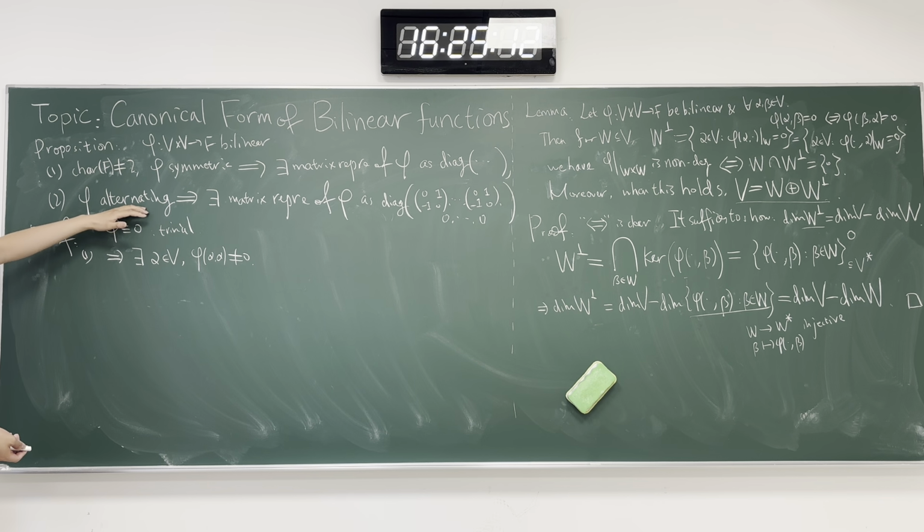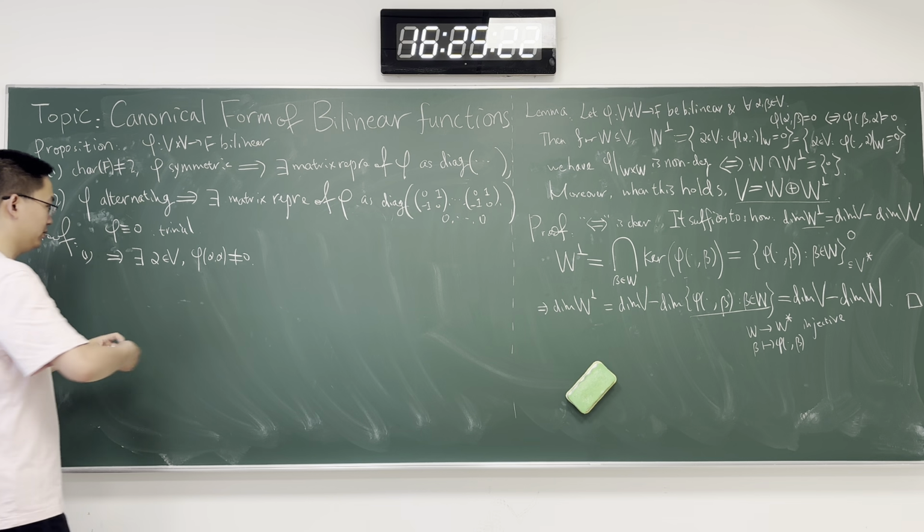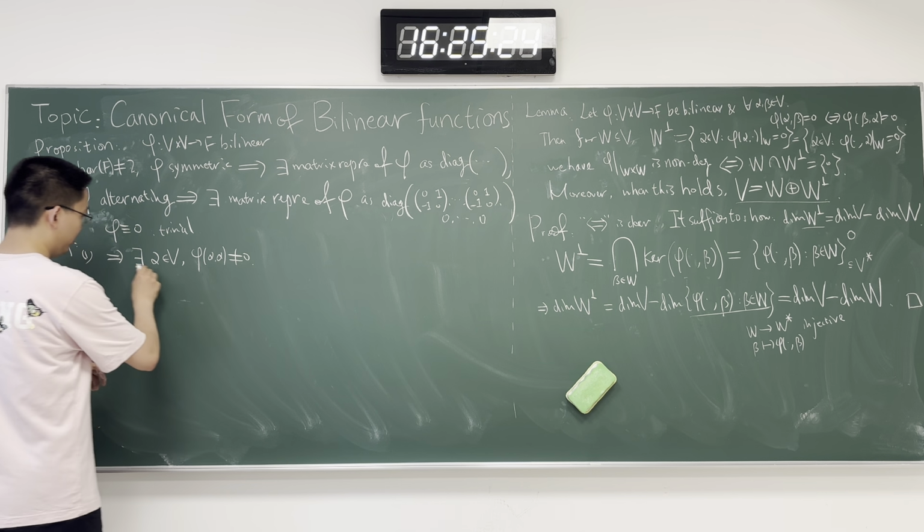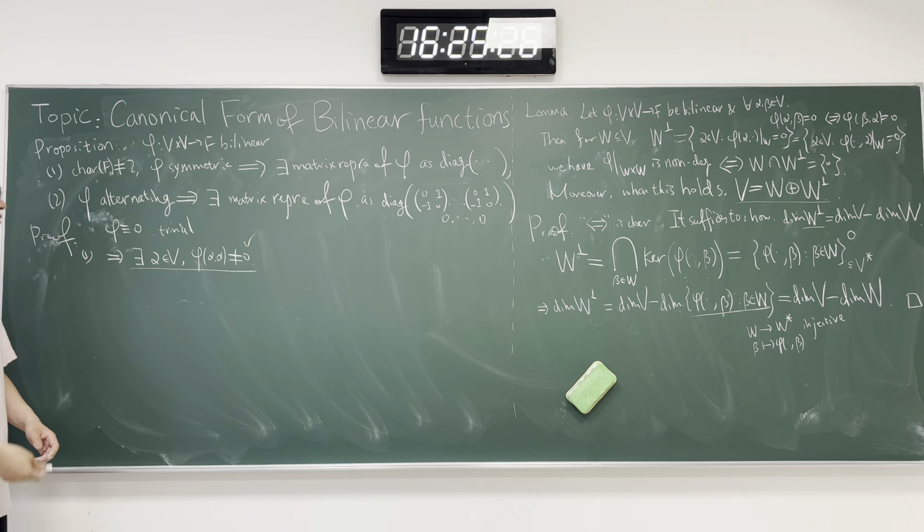But an alternating and symmetric bilinear form over a field with characteristic different from 2 must be 0. So such an alpha exists.